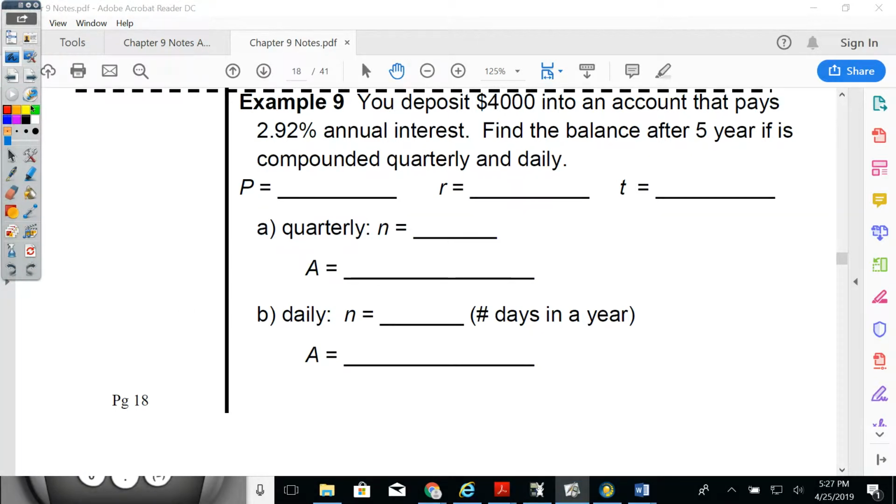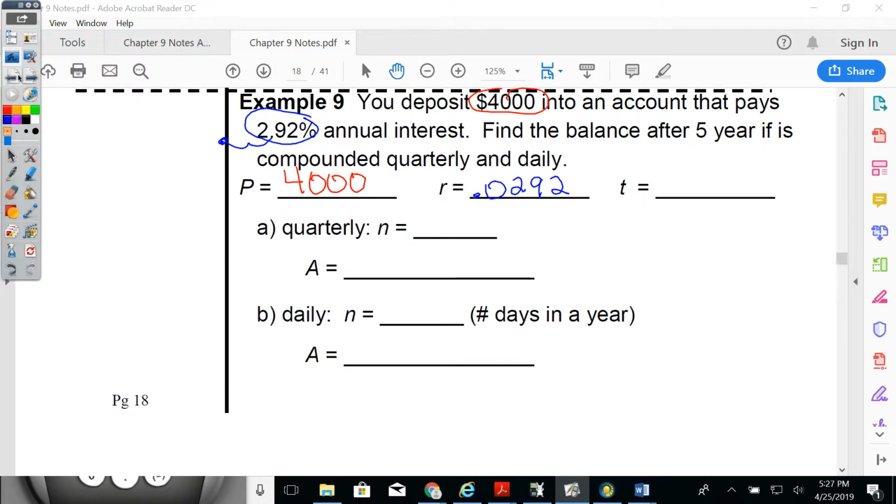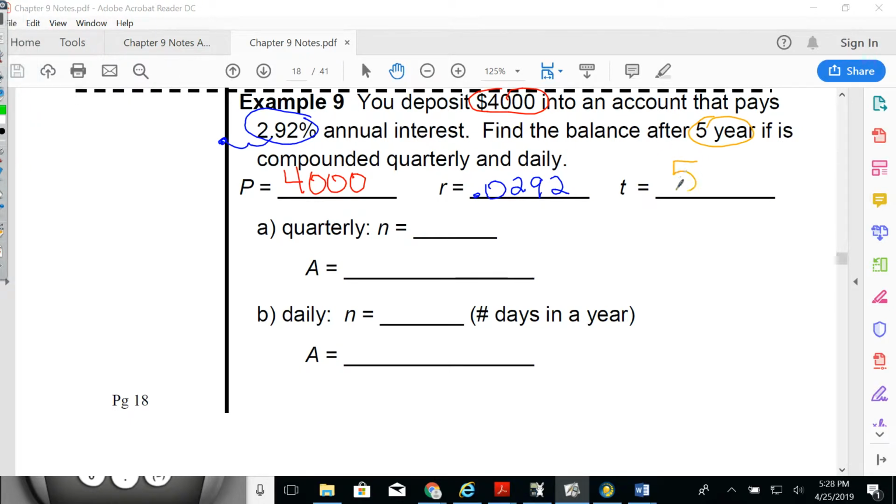So again, the initial amount is the $4,000. The R value is this. As a decimal, we would move it back twice, 0.0292. And the time it wants is 5 years.